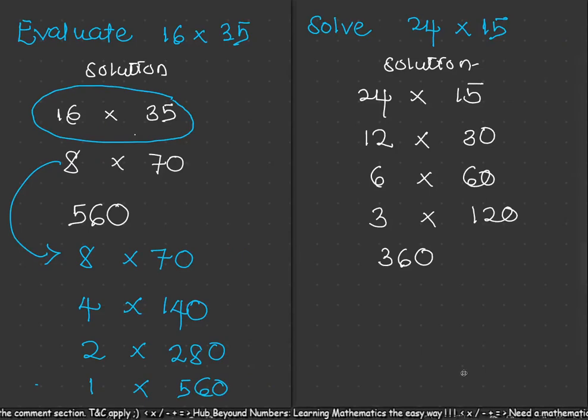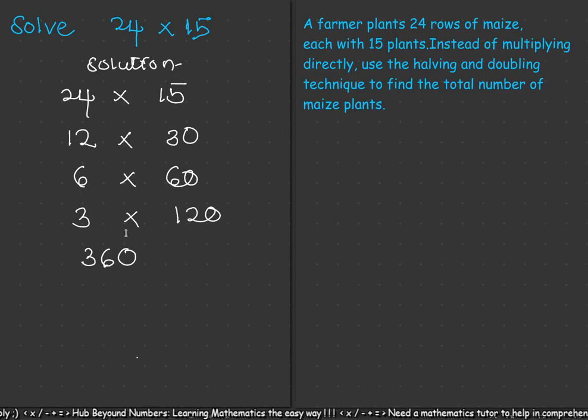All right, so let's pick some few more examples as well. So this time around, we have a word problem that says a farmer planted 24 rows of maize, each with 15 plants. Instead of multiplying directly, use the halving and doubling technique to find the total number of maize plants.